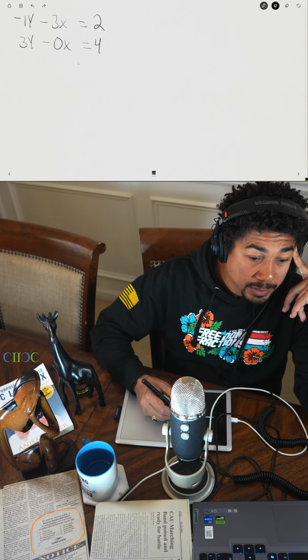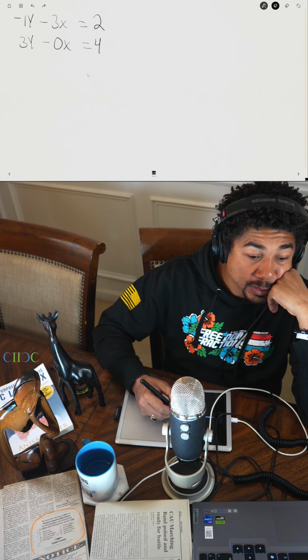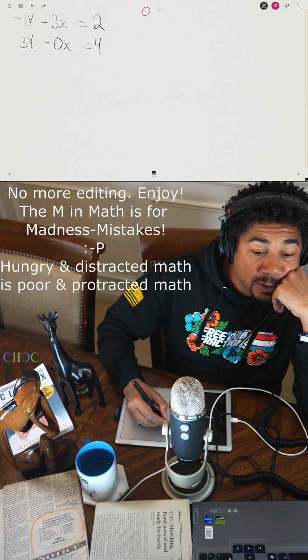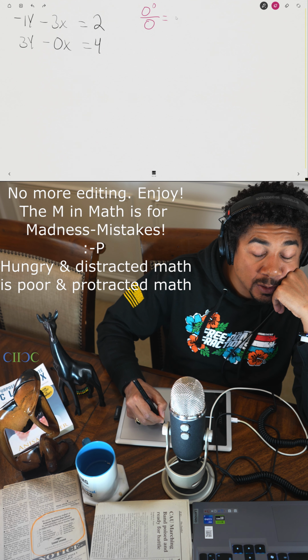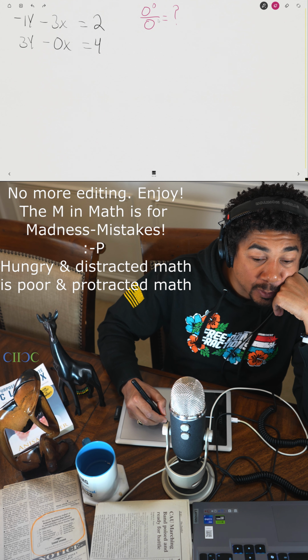Alright, so right now, we already get one of these to be eliminated off the rip. Anything to the 0 power is 1. What about 0 over 0? What does that equal? I mean, you've got 0 in the denominator, but what if you did that? Does that change it?